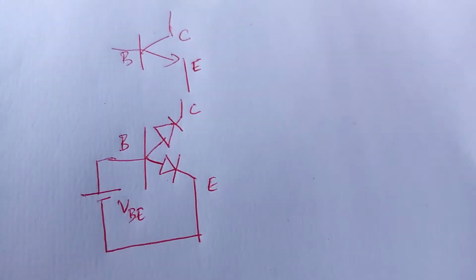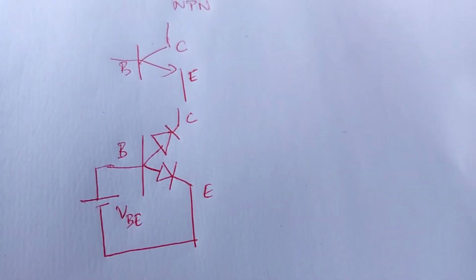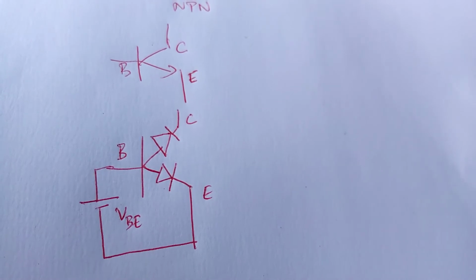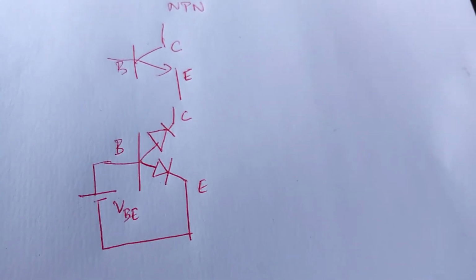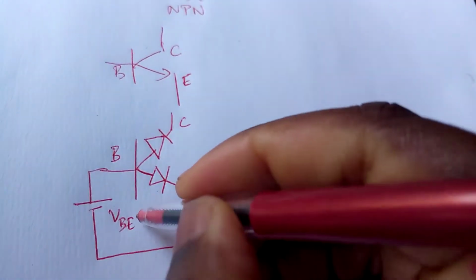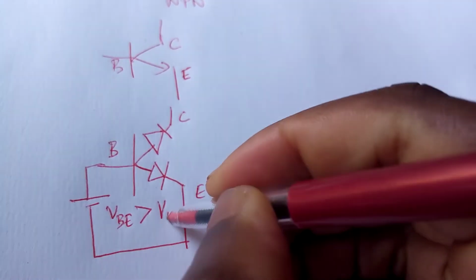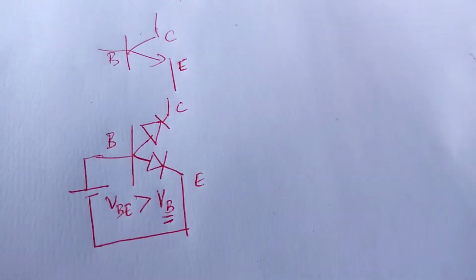And that voltage does not only have to be of higher potential on the anode side with respect to the cathode side, meaning on the base side with respect to the emitter side, it also has to be higher than the barrier voltage.